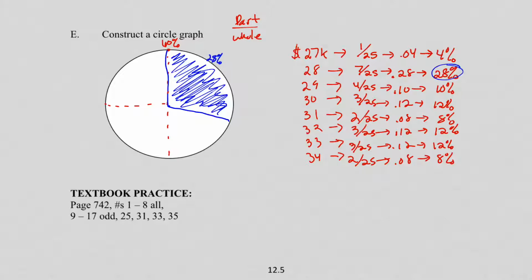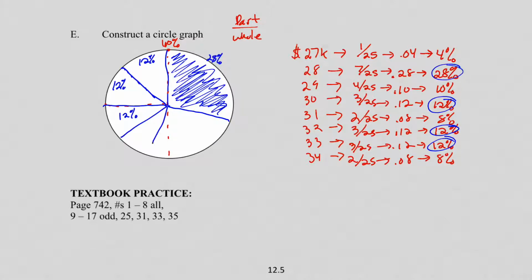All right. As you can see, our next biggest will be our 12s. We know that half of 25 is about 12 and a half, so we can just estimate that these will be about right here. That's 12%, another 12%, and this is another 12%. Then we have 10% and 8%, which are very similar.